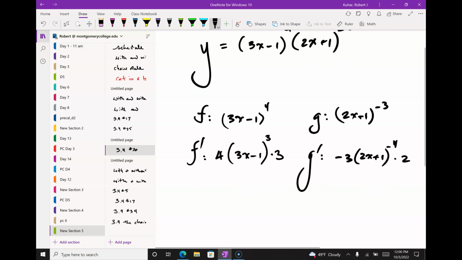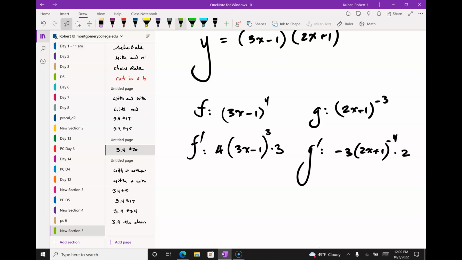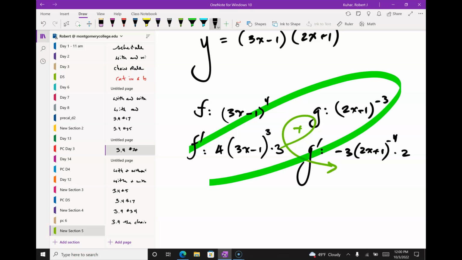I'm going to write out this product rule, but I'm using this loop because when I do a product rule, it doesn't matter. I can do any diagonal plus the other diagonal. So I'm picking this diagonal first, just so I get a nice leading positive coefficient.